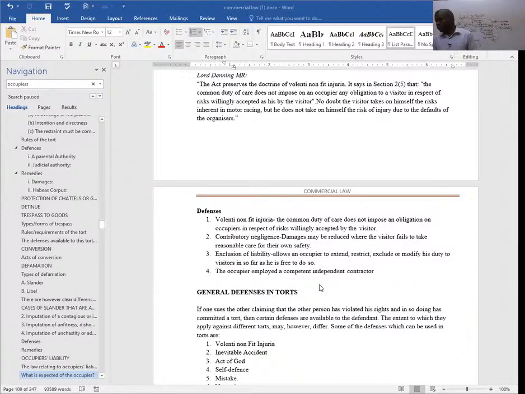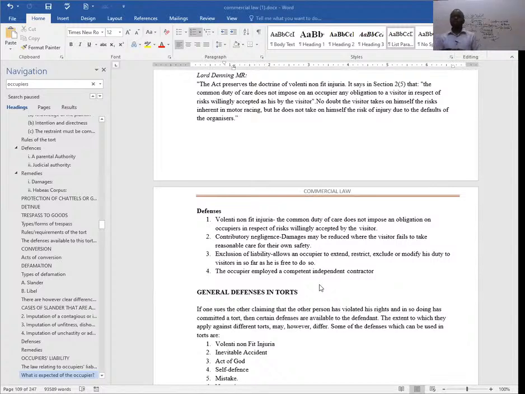And in case he accuses this supermarket of occupier's liability, how can the supermarket defend themselves in a court of law? So number one, they can plead a defense known as volenti non fit injuria. This one is in Latin. It simply means that this particular customer voluntarily accepted the risk. So what we mean by that, even after the supermarket clearly indicated that the floors are very slippery, and signs have been put everywhere, still this customer walked into the supermarket.